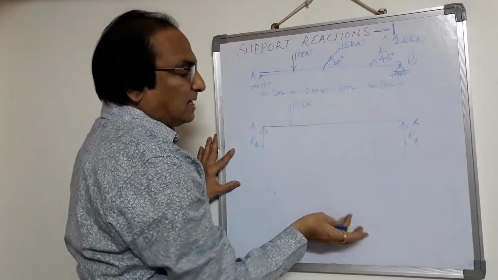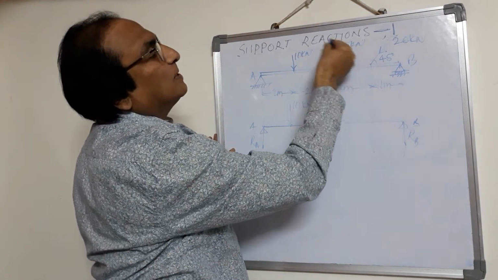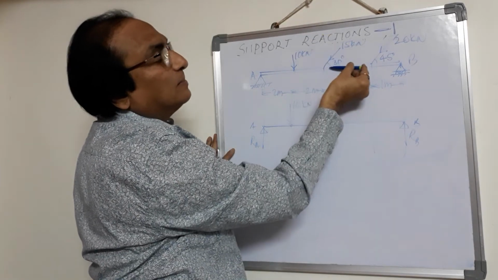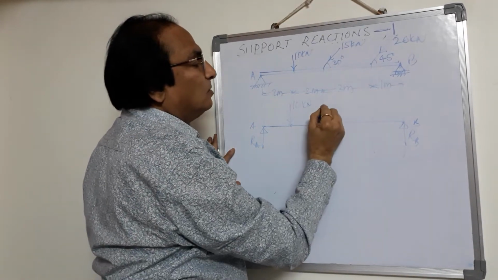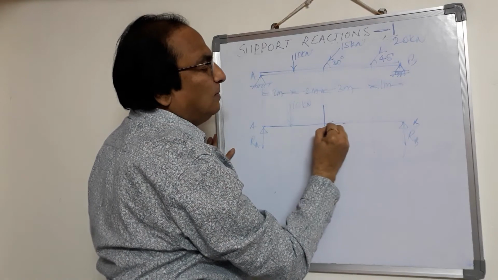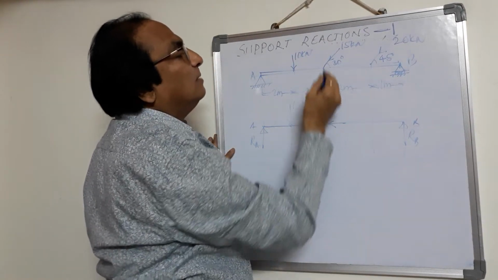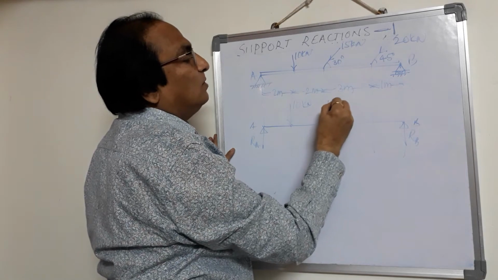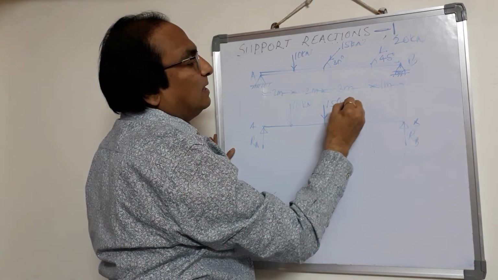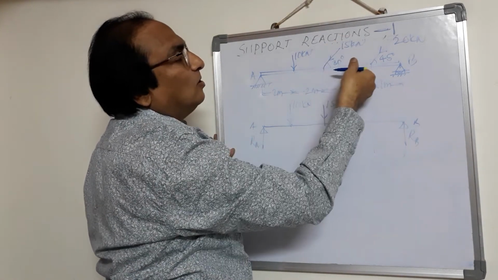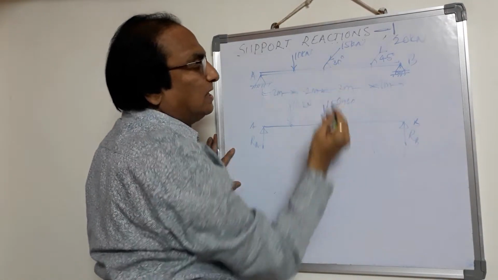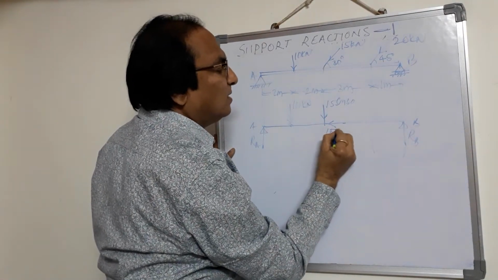This force is inclined, so it has to be resolved horizontally and vertically. If I resolve the two forces, one force will be horizontal towards left, another will be vertical down. This vertical will be away from the angle, and we know away is sine of 30. Along the angle towards left, this will be 15 cos of 30.